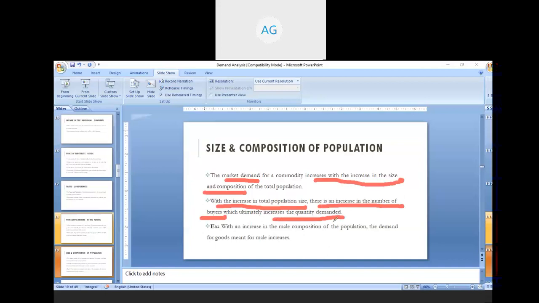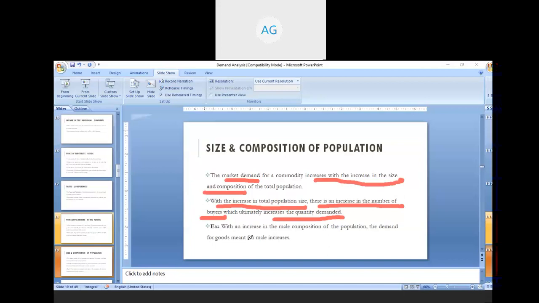As far as our population of India is concerned, we are at number two in the whole world. So according to the demand of the population, we need a large amount of the products or items which will be needed by our population.